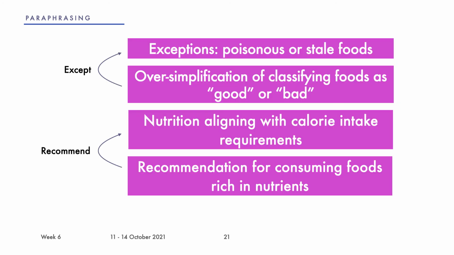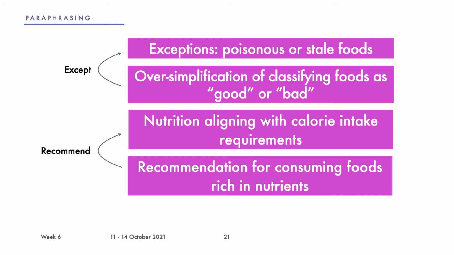So with the ideas identified and roughly summarized, now we look at the relations between or among these ideas. For example, the first two ideas about the exceptions such as poisonous or stale foods, which are bad, and oversimplification of classifying foods as good or bad.